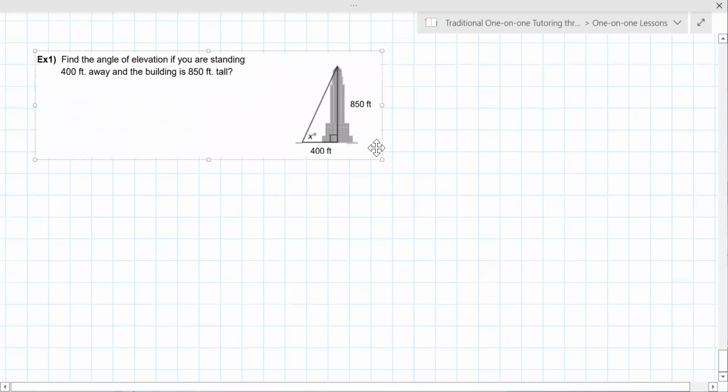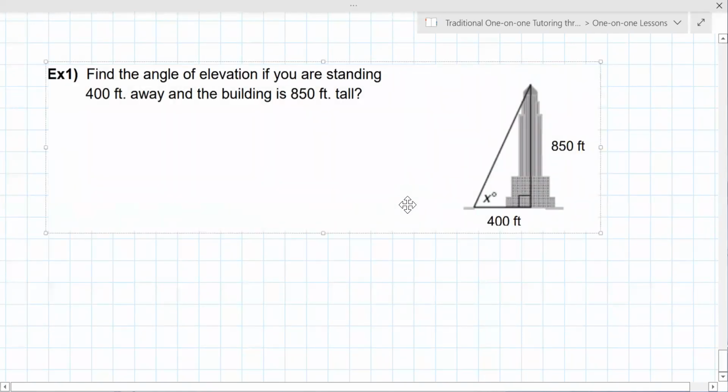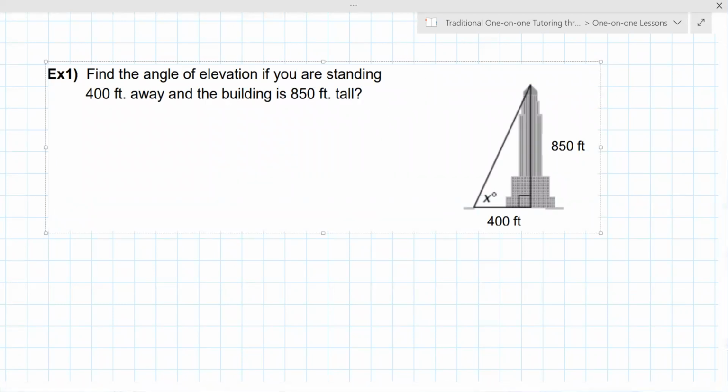Oh, converse of the Pythagorean theorem. Yeah, and that's kind of what we're doing here. But is it to find an angle or a side? That's all I got from it. I don't know. It was just word problems.